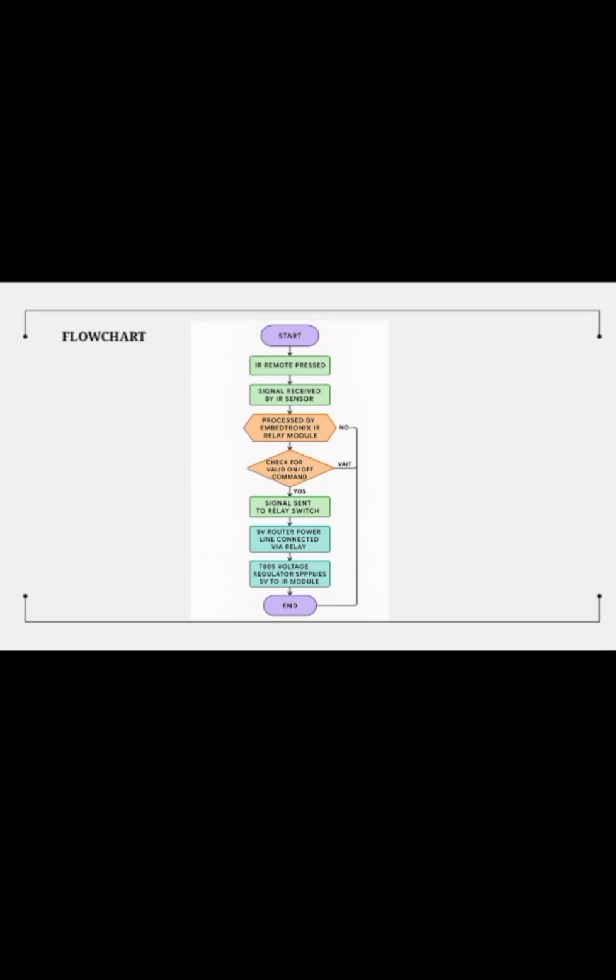Then the voltage regulator supplies through the IR module, and the router turns on. This is how the IR relay is attached to the power supply and transformer, and this takes place in the router. Now Ratish will explain the project model that we have done.